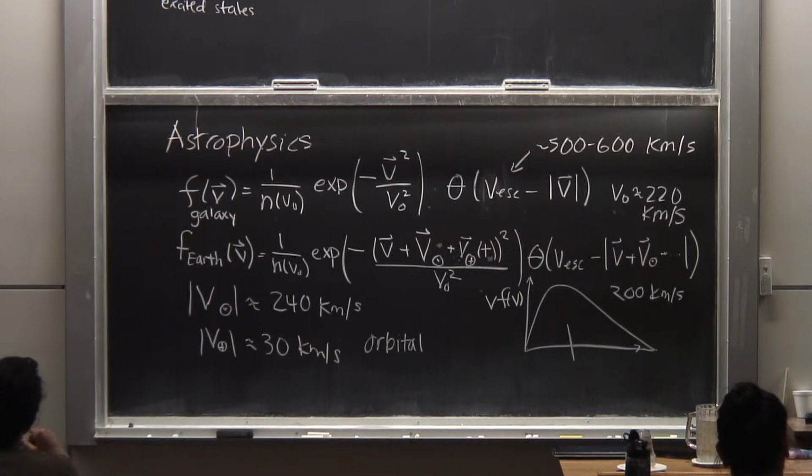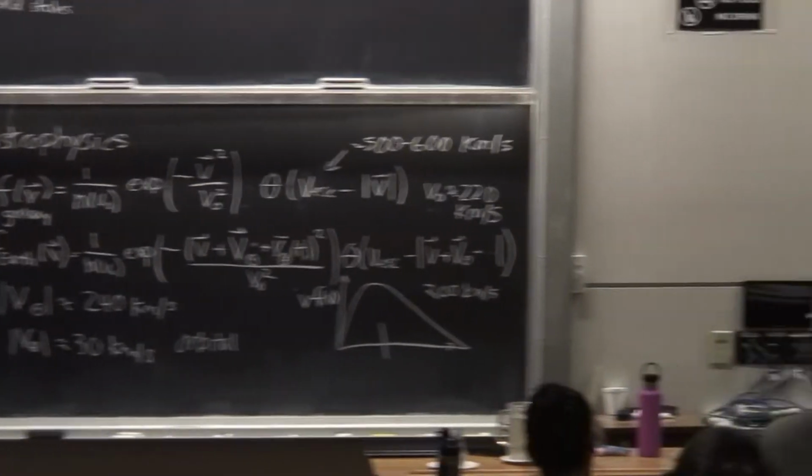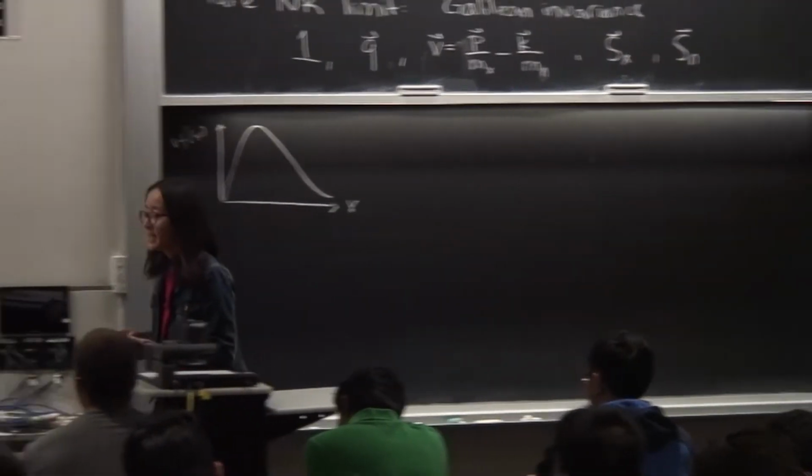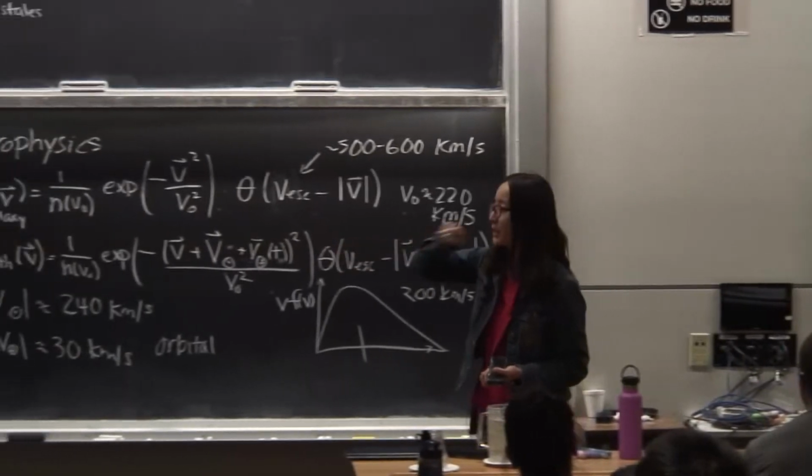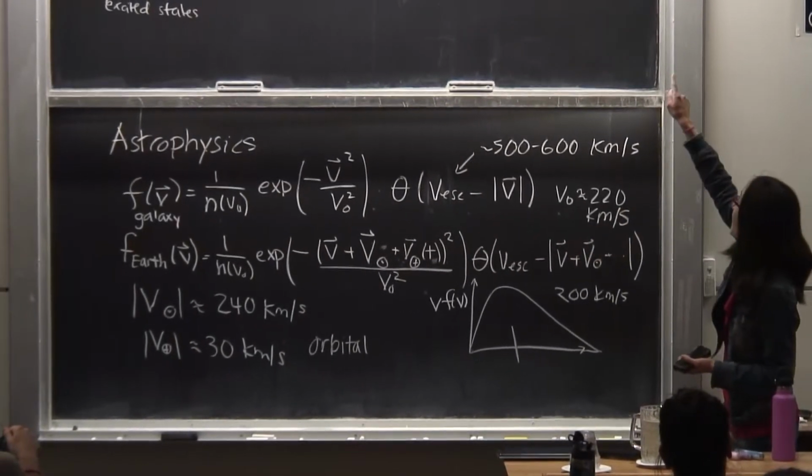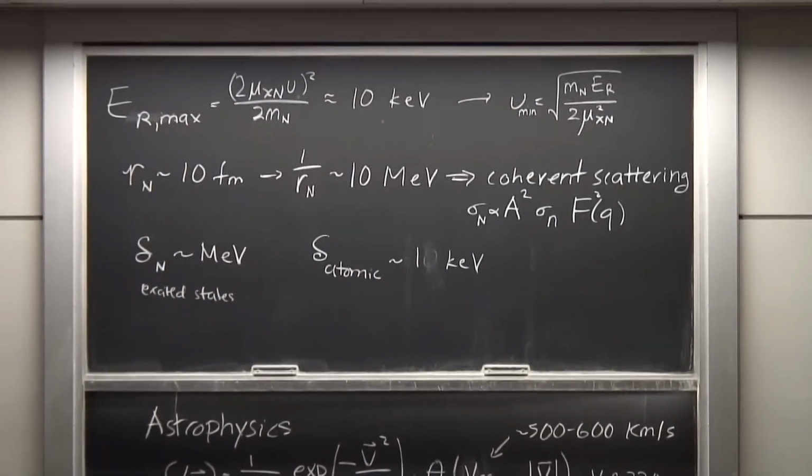I'm going to sketch this again. We have an integral where we have to put a lower boundary at the minimum velocity, which is set by the recoil energy.